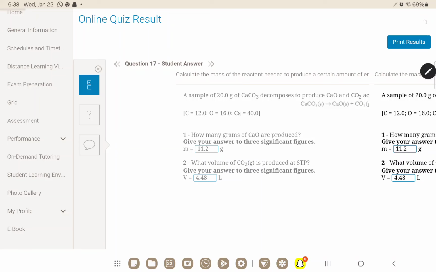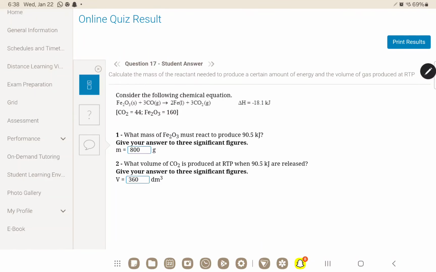Now, moving on, question 17. What mass of Fe2O3 must react to produce 90.5 kilojoules? Here we can see that we have negative 118.1 kilojoules. There's no such thing as negative energy. The negative is telling us that it's on the product side. So just put plus 18.1 here. What mass of Fe2O3, this is usually 160, they gave it to us, do you need to produce 90.5?